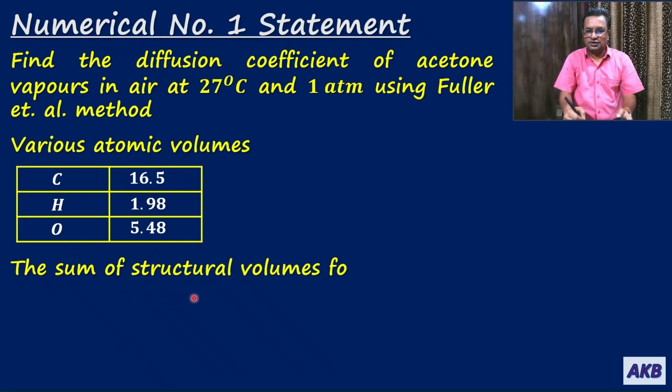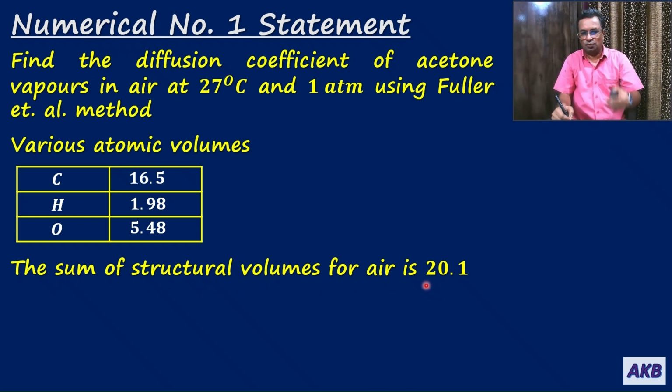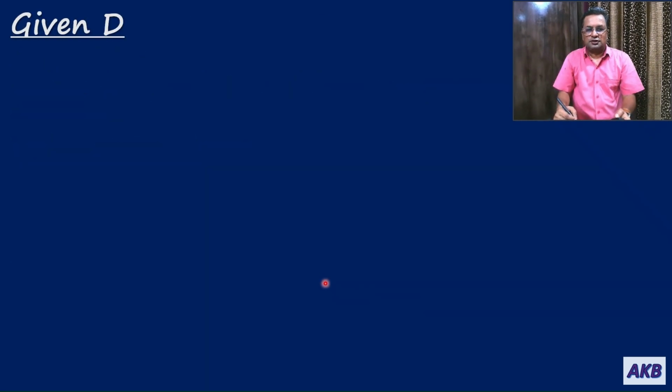The sum of the structural volumes for air is directly given to us. It is 20.1. For acetone, we need to find out the sum of structural volumes. But for air, it is directly given to us. It is 20.1. So first of all, we will note the given things.